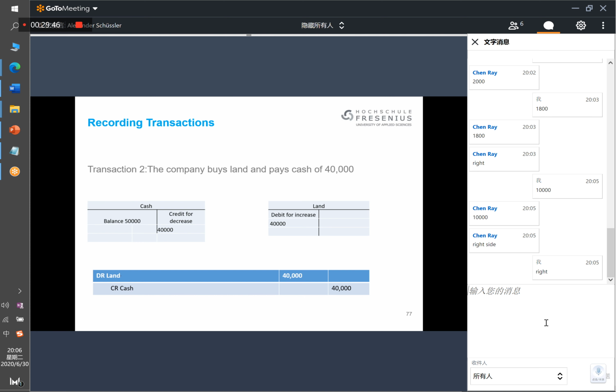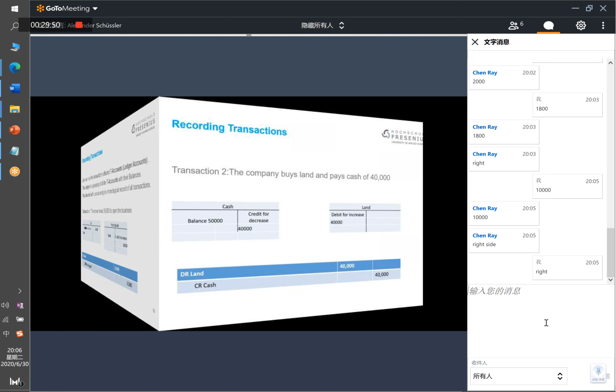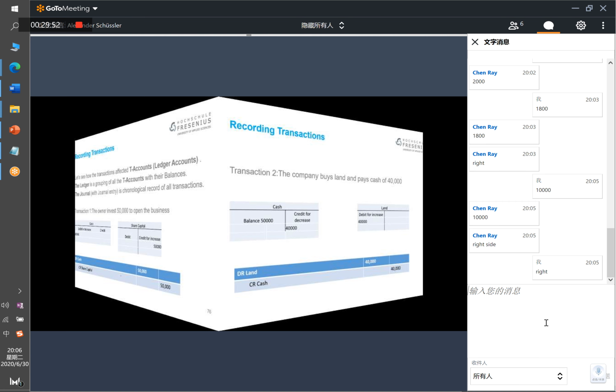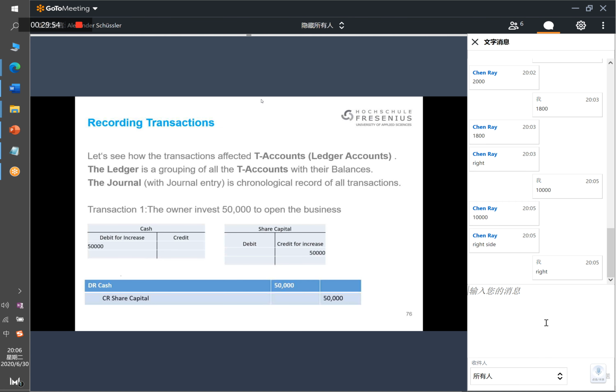We had cash and land. The only thing we didn't have is share capital, which is 50,000.